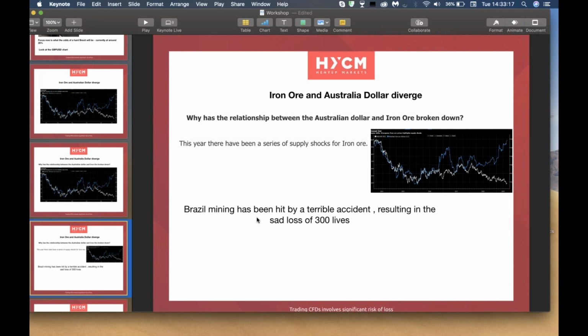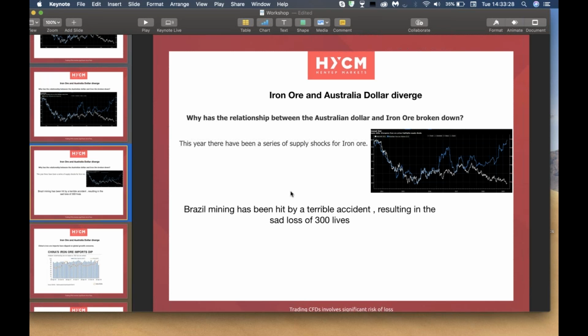Brazil hasn't been able to produce as much iron ore as it had been producing, and it's quite a few million tons that it's short. I can't remember the figures off the top of my head, but I think between Australia and Brazil, for the first 3-4 months of this year, the exports of iron ore are down about 37 million tons.